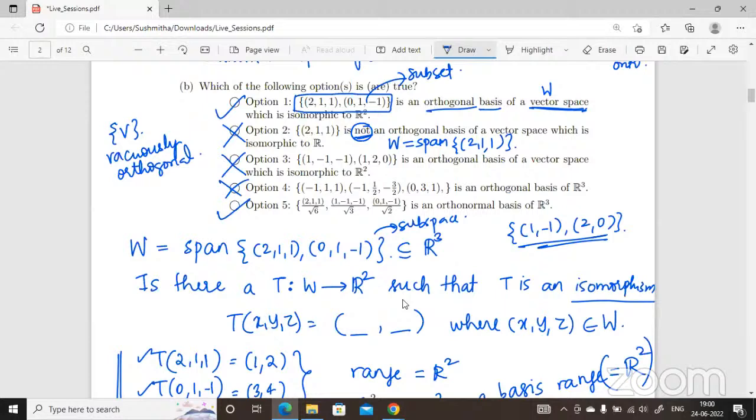The span of these two elements is going to be 2-dimensional, because they are linearly independent. And the span of this vector space is 1, because it's a linearly independent set. So it's just equal to the span of this vector.